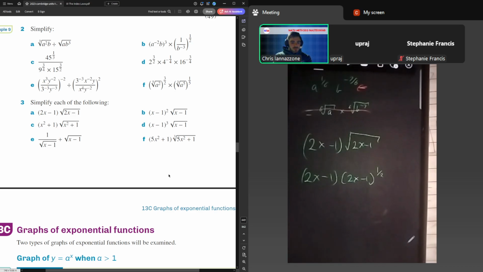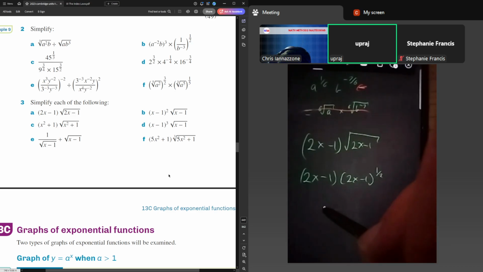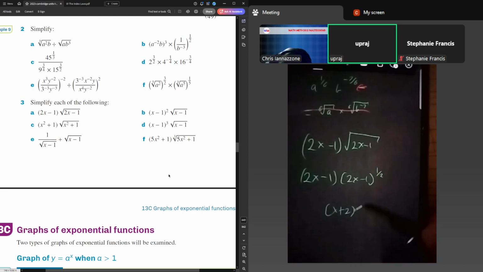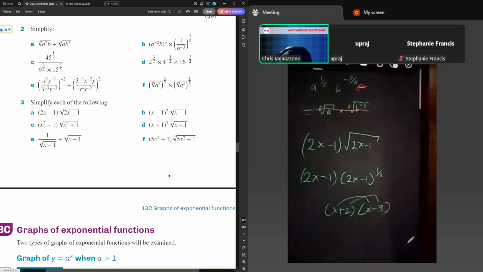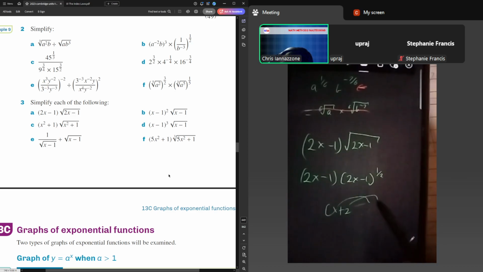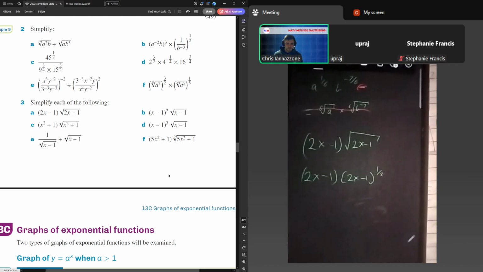Probably possible. Yeah, I mean it is multiplication, right? Like how normally you would have x plus 2, x minus 3, and you would multiply across. I'm pretty sure there's an equivalent of that when there's a power of a half associated with it. I haven't bothered to learn it because it's not actually particularly needed for this kind of thing.